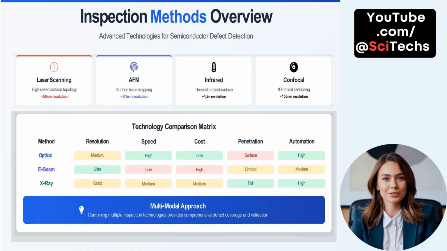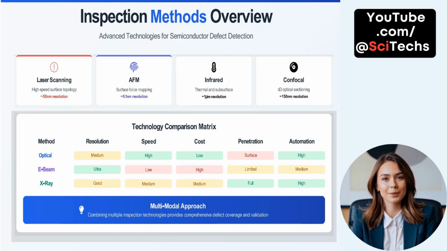Infrared inspection focuses on thermal and subsurface imaging, with a resolution near 1 micron. It's valuable for detecting deeper or thermal-related anomalies. Confocal inspection enables 3D optical sectioning with about 150 nanometer resolution, offering depth-resolved imaging of sample structures.